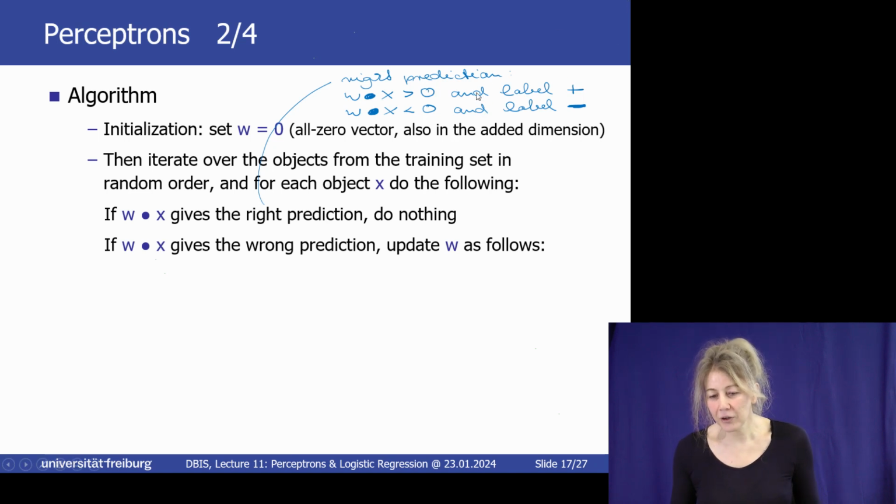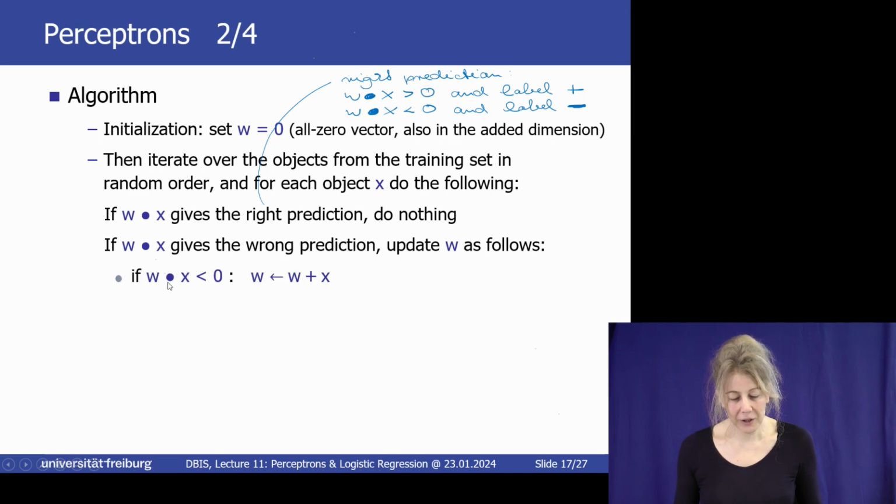Now comes the case where it gives the wrong prediction. These are the other two cases. It says positive, it's on this side, but it's actually a negative one, or the other way around. Then you do the following. If it's wrong, so the sign of this is negative but should be positive, you just add the point to the weight vector. And this should look very strange to you.